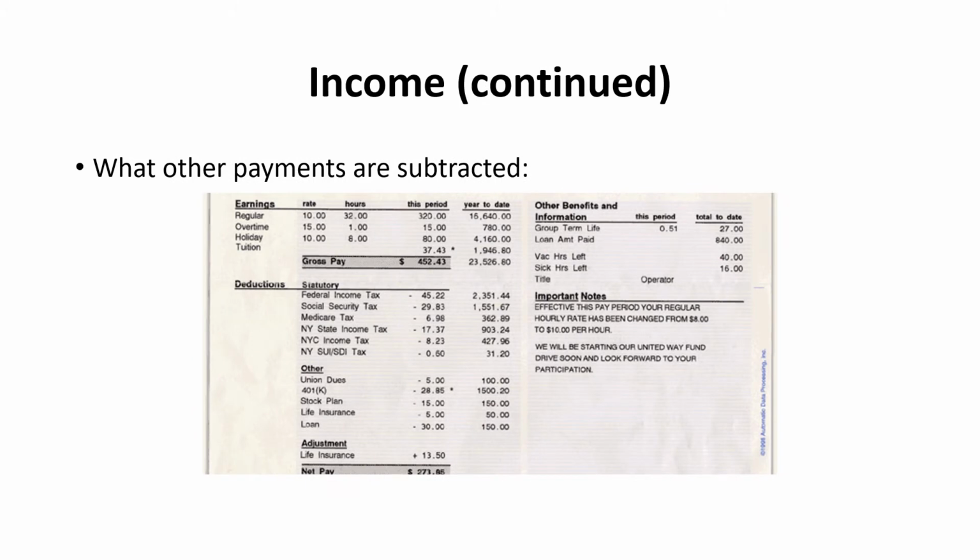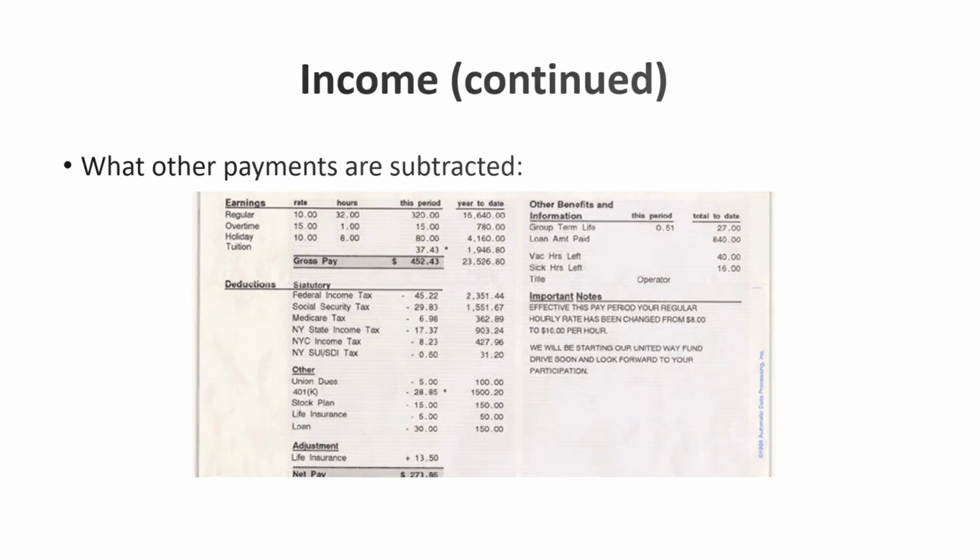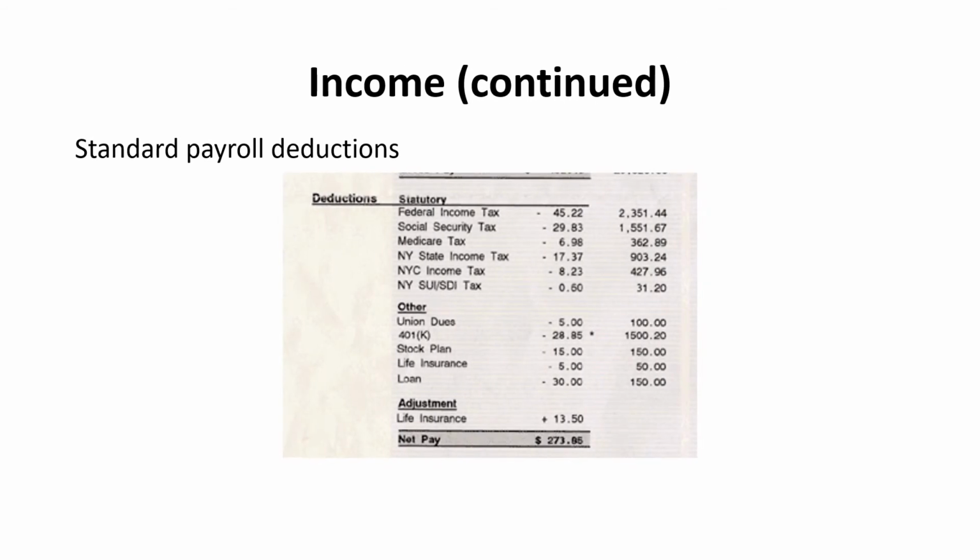These payments are also subtracted from your gross pay: medical and other insurance premiums, 401k or other retirement, stock plans and options, credit union payroll deduction, union dues, and other deductions. What are standard payroll deductions?